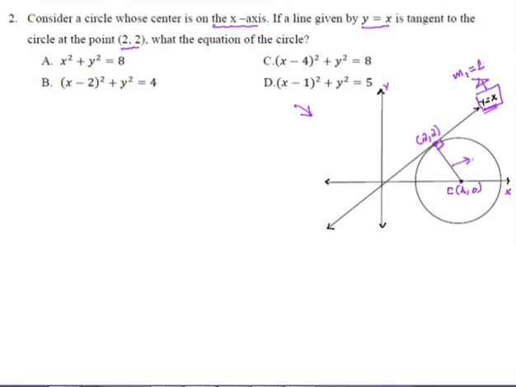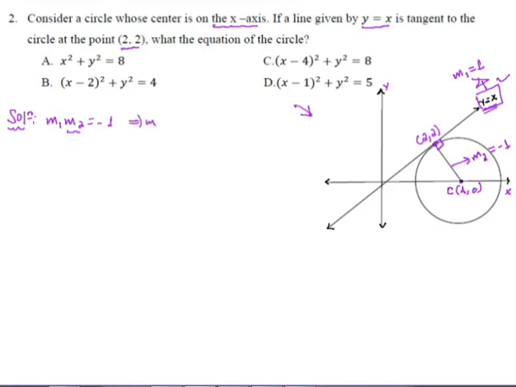If we denote its slope by m2, this m2 should be -1, because if two lines are perpendicular, the product of their slopes must be -1. So m1 times m2 must be -1. Since m1, the slope of the tangent line, is 1, the unknown slope m2 should be -1.